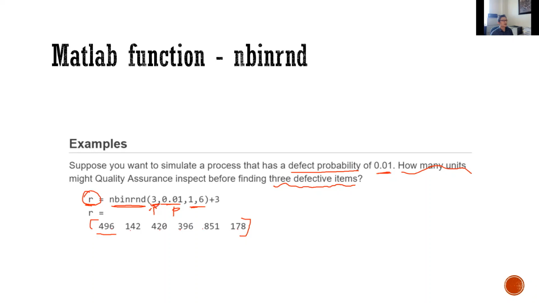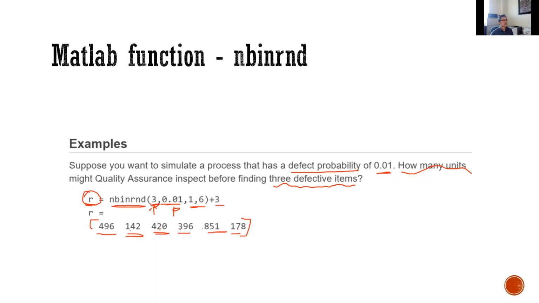Plus 3, because you tried 493 times without success, and then you have 3 successes, so add 3 in. Another time you may have to try 142 times. So that's the random number generated based on this assumption.